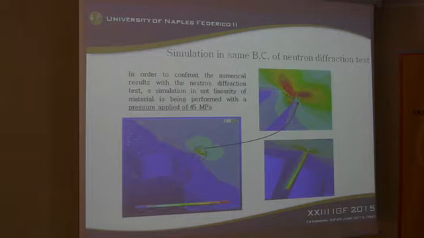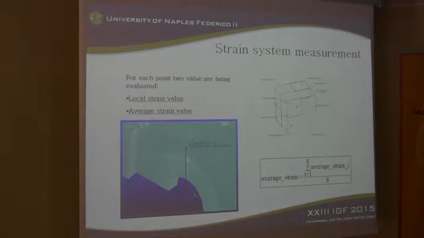Now, to correlate numerical and experimental results, we made a new analysis with a uniform pressure of 45 megapascal applied, and along the direction parallel to the crack propagation, two numerical values were evaluated: local strain value and average strain value.